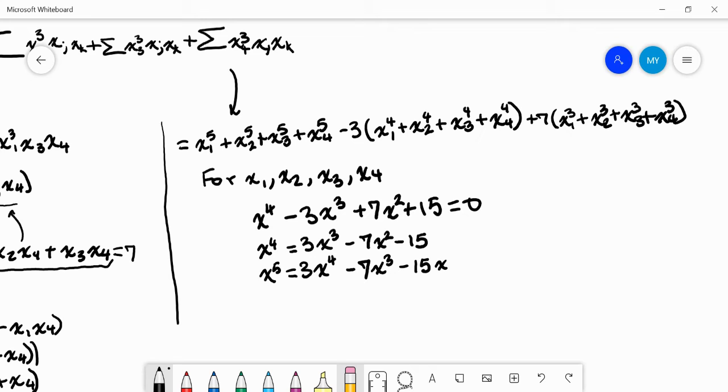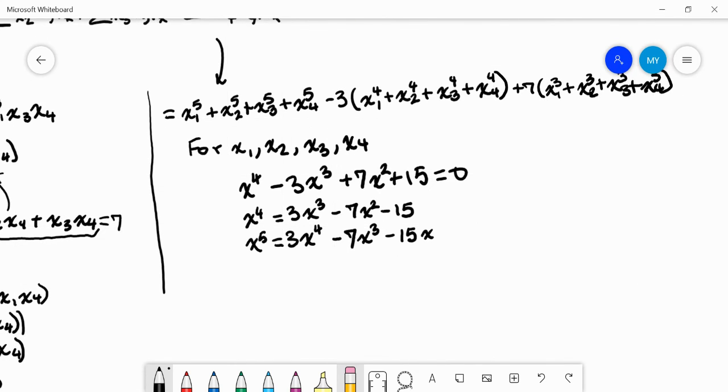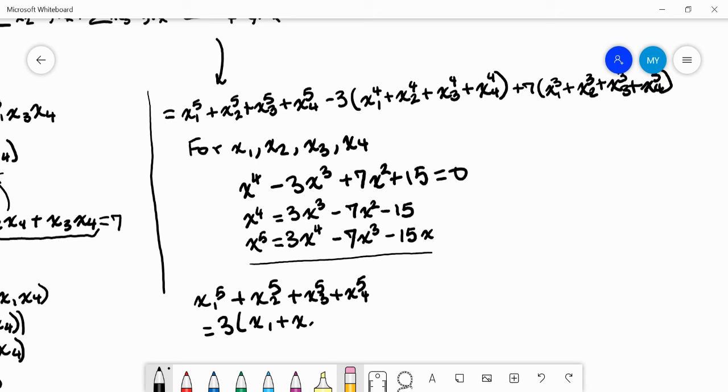minus 15x. And this is where it all pays off, because x1 to the 5th with this equation is equal to 3x1 to the 4 minus 7x1 cubed minus 15x1. So now, using this equation, you can just watch the cancellation happen. x1 to the 5th plus x2 to the 5th plus x3 to the 5th plus x4 to the 5th is equal to 3 times x1 plus x2 plus x3.